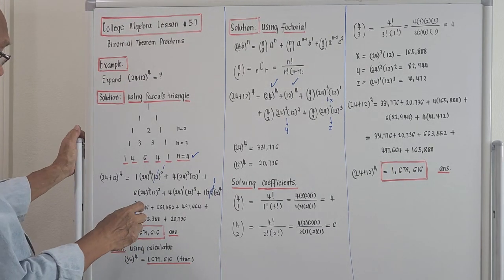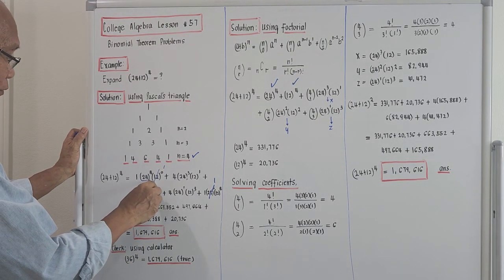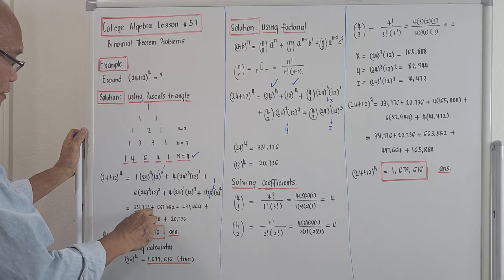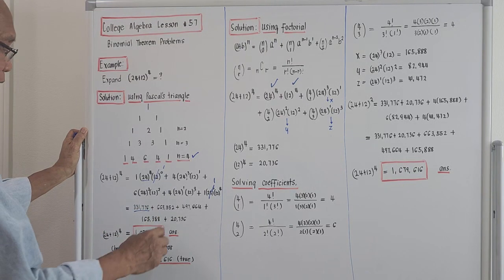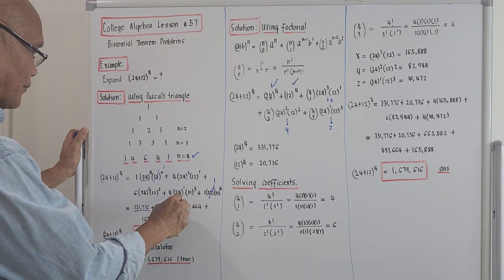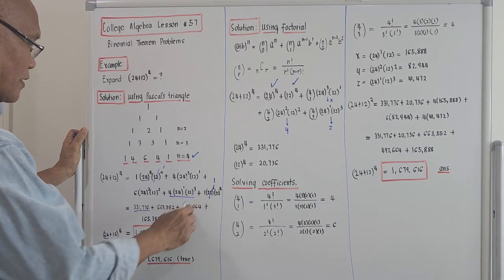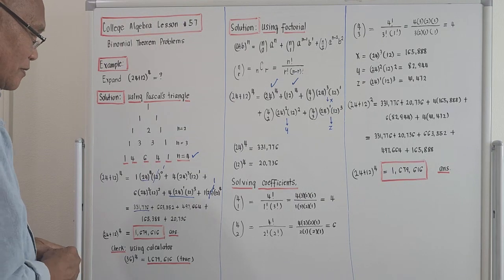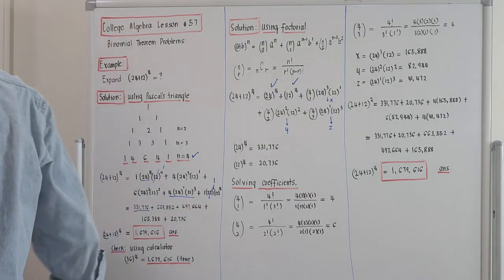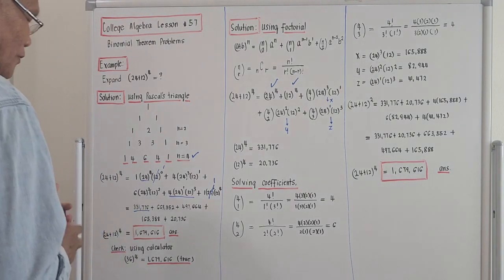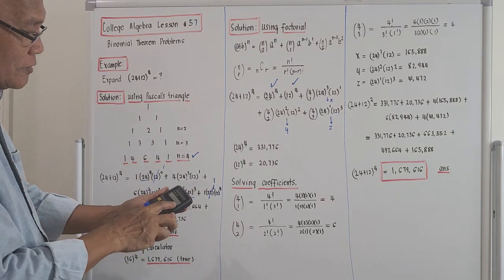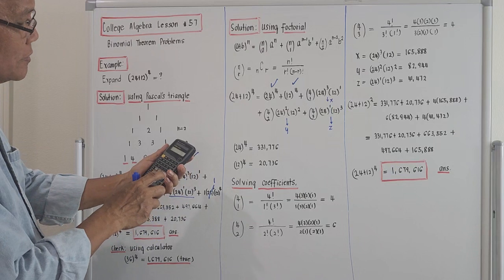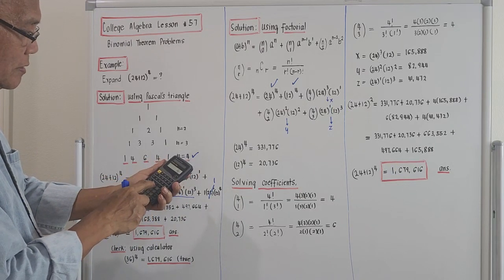24 to the fourth is actually 331,776. Right? And this value here, it's easy to do that one. I will give you one example. 12 cubed is 1728, right? 1728.